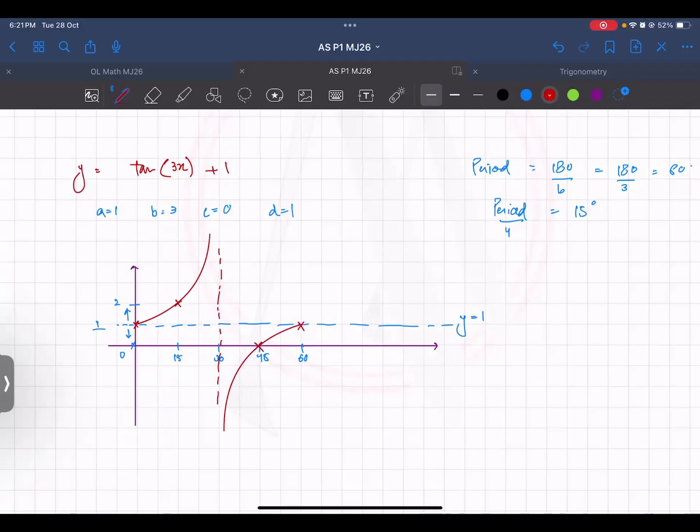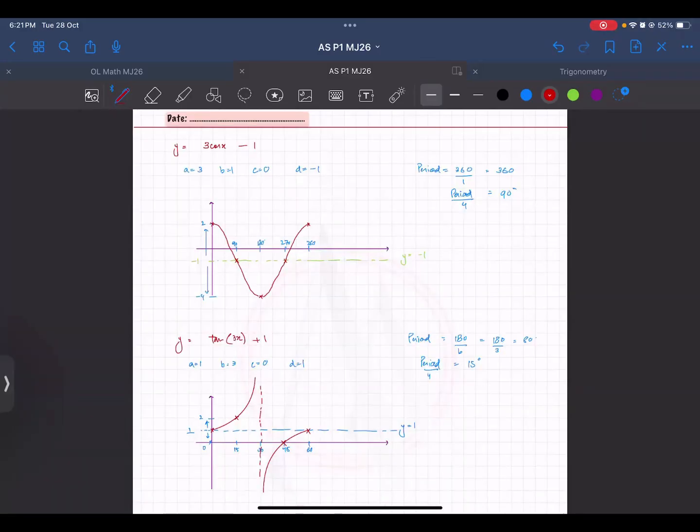This is your one cycle of tan. This is how you will draw it. Okay, let's do one more.